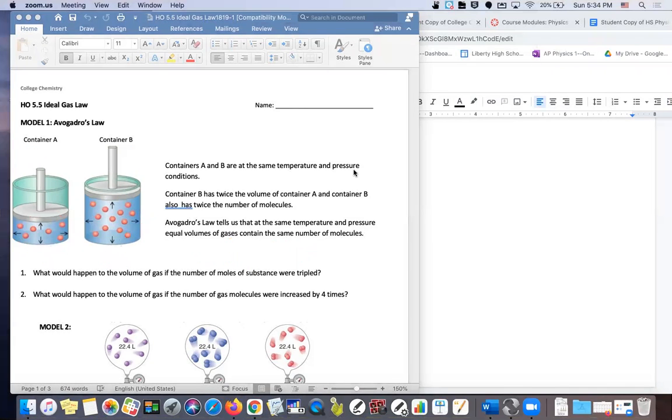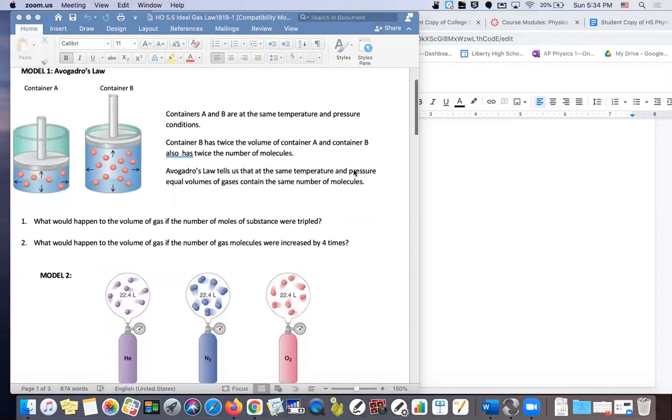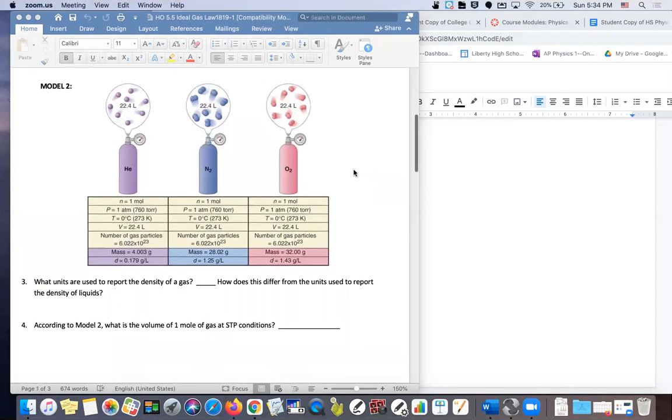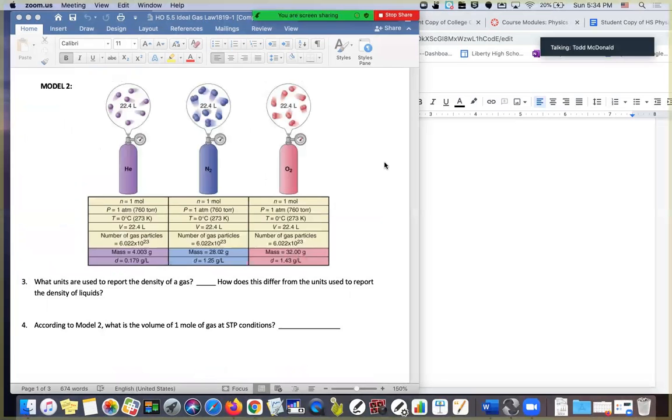All right, now trying to put this all together, if we look at this model 2, I want you to notice that there are three gases we're comparing. We're comparing the first gas, helium, to nitrogen, N2, and O2. And here's what we're doing: we're looking at 1 mole of each gas. So if you look closely at the numbers, we've got a mole of helium, a mole of nitrogen, and a mole of oxygen.